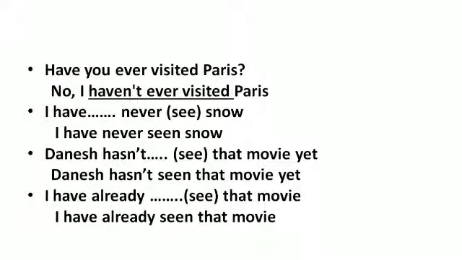I have already dash see that movie. I have already seen that movie. Already is used as a time word or an adverb that will show this sentence should be changed into present perfect.